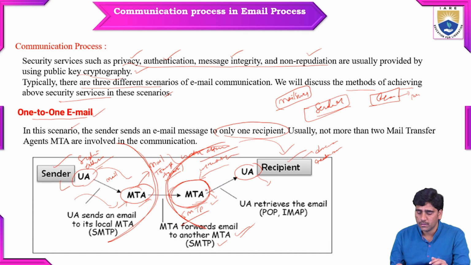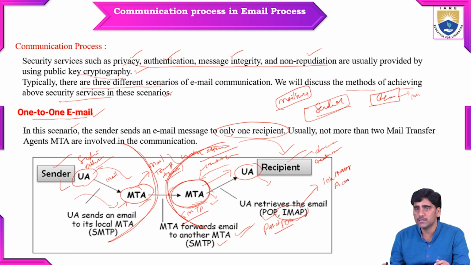The recipient MTA retrieves this message with the help of the POP and IMAP protocols. POP stands for Post Office Protocol, which is especially for the attachment of files, and IMAP stands for Internet Message Access Protocol.